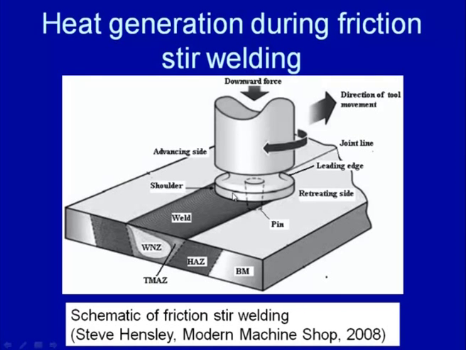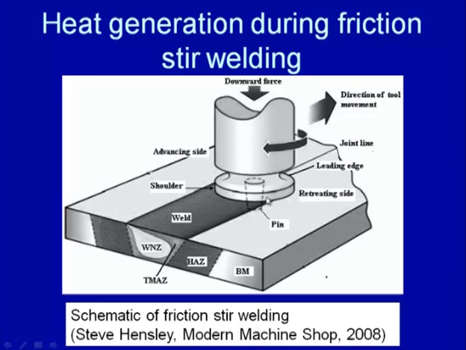So, this schematic diagram shows the scheme of the friction stir welding process, where the plates to be joined are kept in butting position with each other, and they are held firmly, and then a tool having the shoulder and the pin is used. The pin is first plunged while the tool is rotating, and once the plunging is over, in this position the shoulder and the pin will be in contact with the base materials.